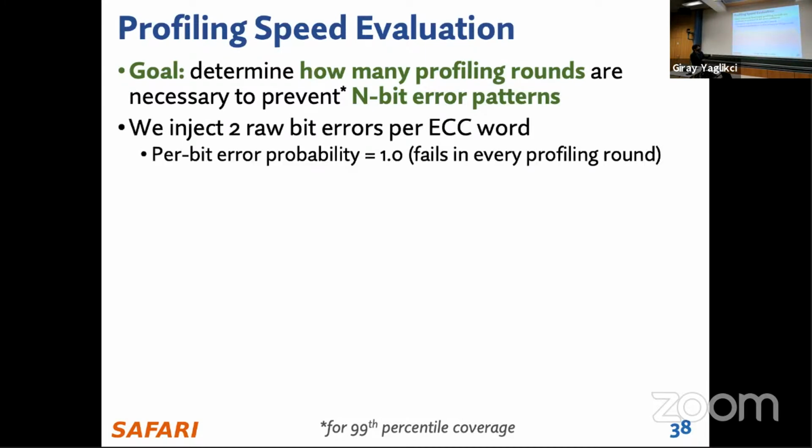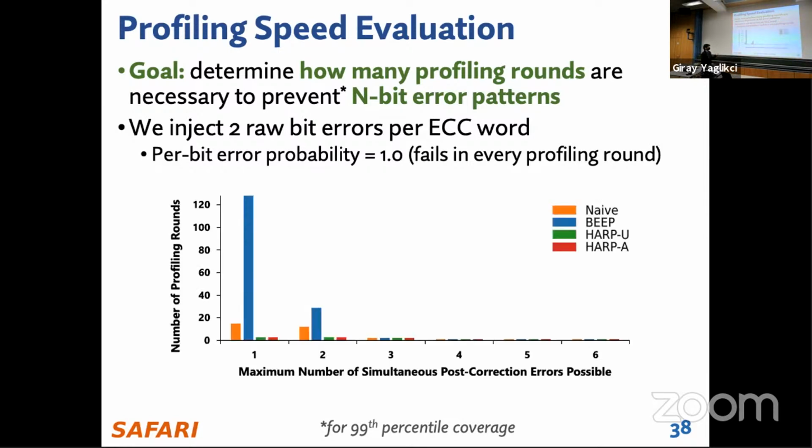For this particular graph I'm about to show, we inject 2 raw bit errors per ECC word, and these errors fail all the time, right? So the per-bit error probability is 1.0. Here is the data from this particular plot. On the x-axis, I'm showing the maximum number of simultaneous post-correction errors that are possible, given a y-axis number of profiling rounds.